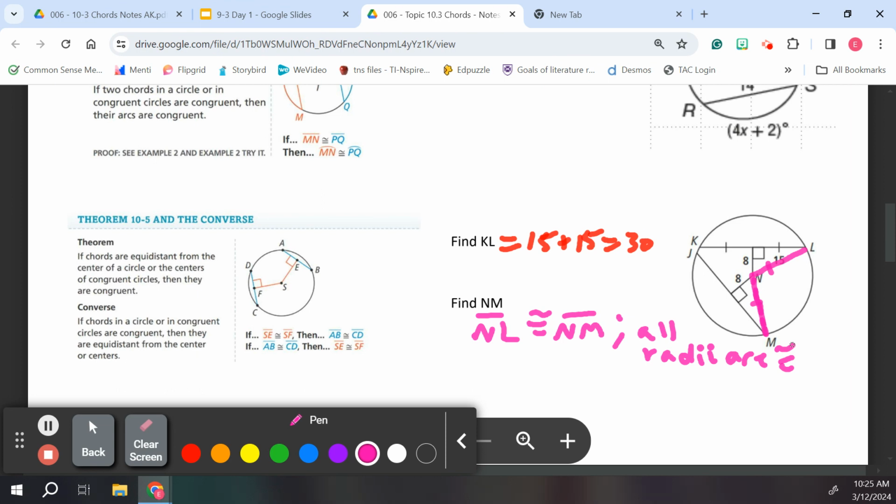Oh, wait a minute. No, I'm sorry. That was part of that, wasn't it? My apologies. But we have enough information to apply the Pythagorean theorem here. So this would be 8 squared plus 15 squared equals, in this case, let's say NL squared. So this will be 64 plus 225.